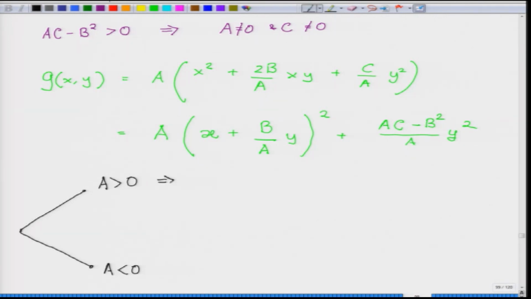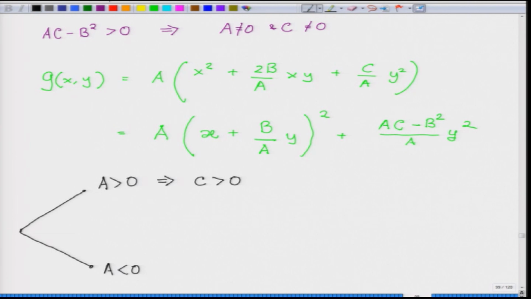So, what is that? When a is strictly bigger than 0, c is also strictly bigger than 0, because if c is negative, then ac becomes negative, then the whole thing becomes negative. So, it shows that ac minus b square is less than 0. That cannot happen.